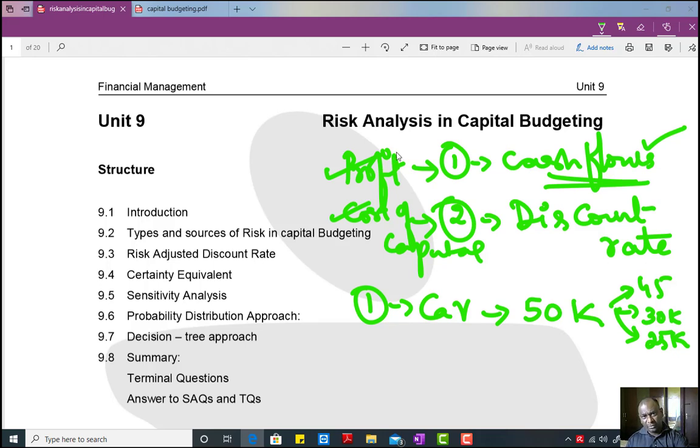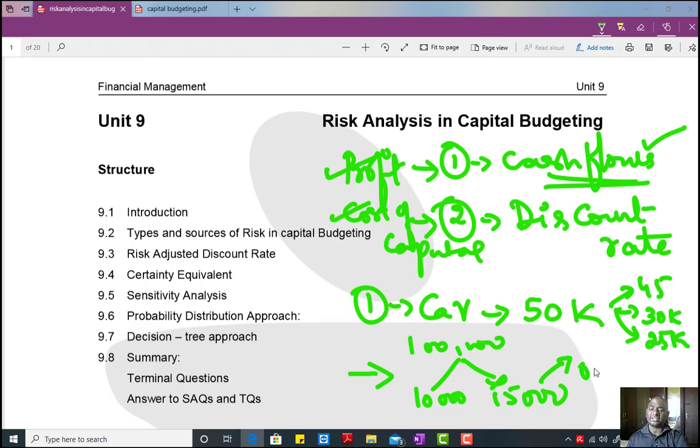So what we do is apply something called probability. For example, if I do a business tomorrow with 1 lakh rupees capital, next year I may earn 10,000 or I may earn 15,000. The probability of earning 15,000 is, let us say, 30%. The probability of earning 10,000 is 70%.